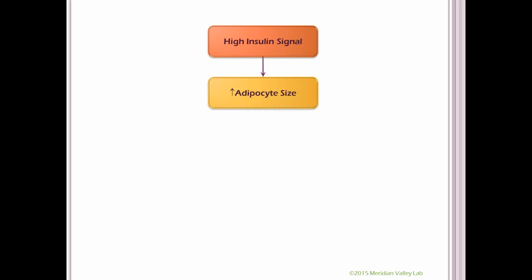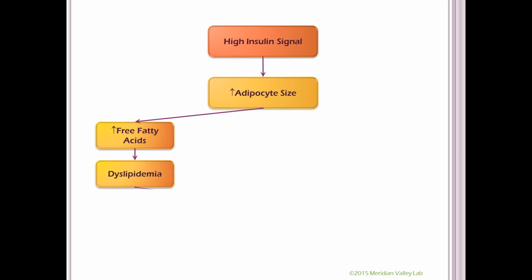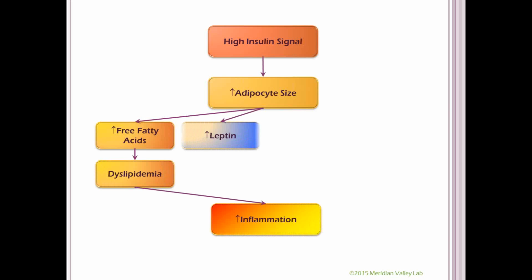So if we begin with our high insulin signal, we know how that increases the size of the adipocytes. And it follows that that increases free fatty acids, can lead to dyslipidemia and inflammation. Secondarily, we know that leptin levels correlate with body fat mass.